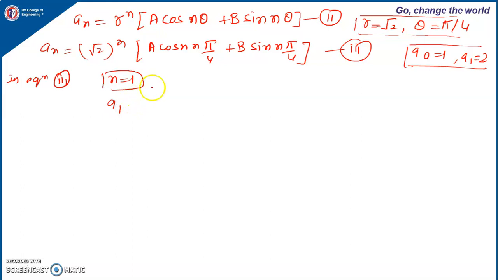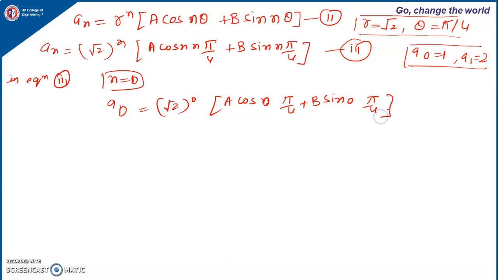a1, sorry, it is 0 because a0. So n as 0, we get a0 is equal to the square root of 2 power 0 times (a cos 0 pi by 4 plus b sin 0 pi by 4). This is, suppose, equation 4.